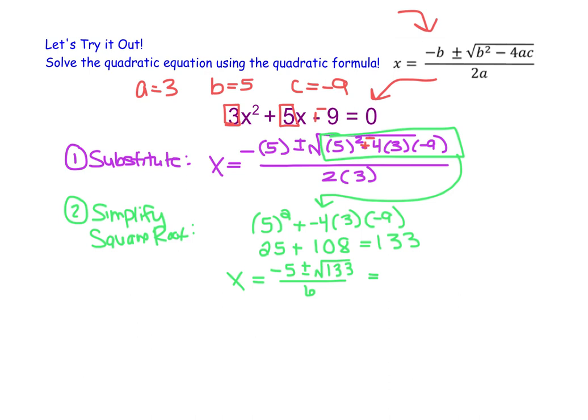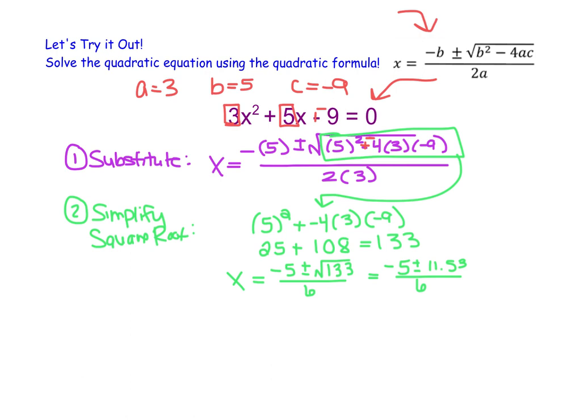So if I take the square root of 133, I end up with negative 5 plus or minus 11.53, all divided by 6. So that's my second step: I simplify the portion that contains the square root.